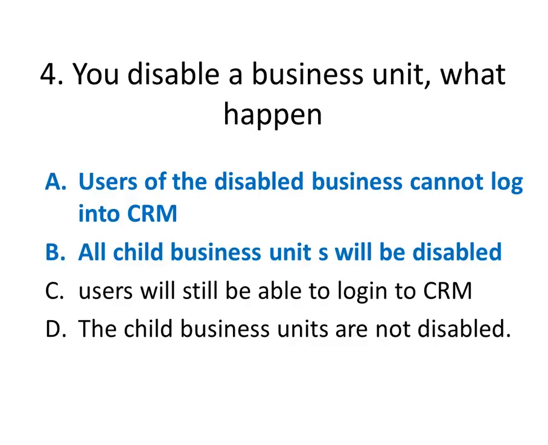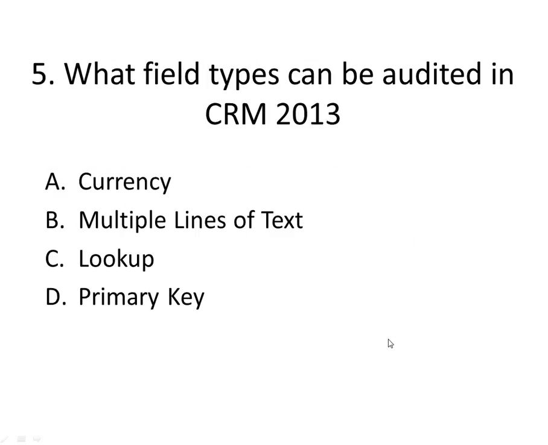Users of the disabled business unit cannot log into CRM. This is true. If you disable it, they can't log in. All child business units will be disabled. This is also true. When you disable a business unit, it basically disables all the business units below it. So these two are false because the users can't log in and the child business units are not disabled.